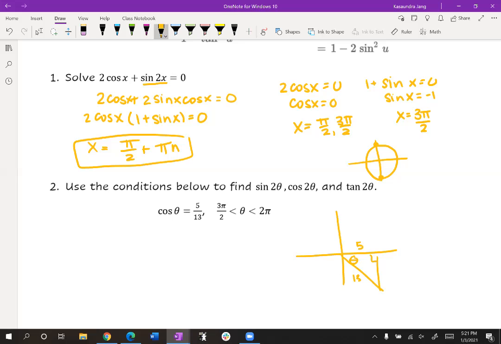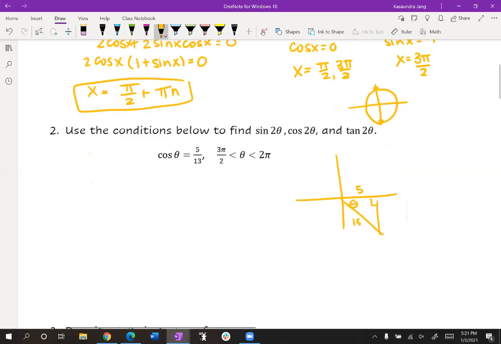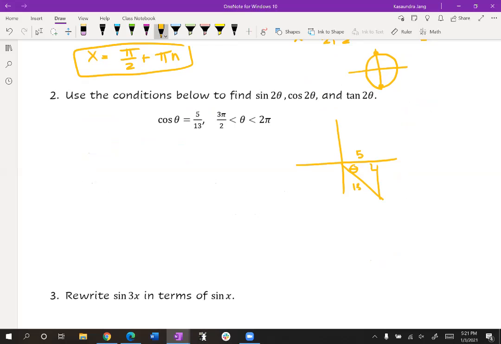So I'm going to do some Pythagorean theorem and find my missing side on the triangle. Looks like b squared equals 144, so my b is a 12.